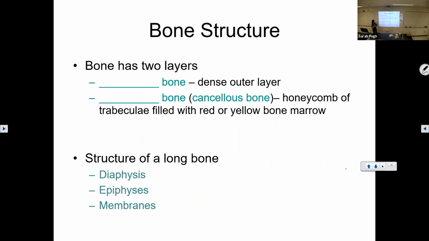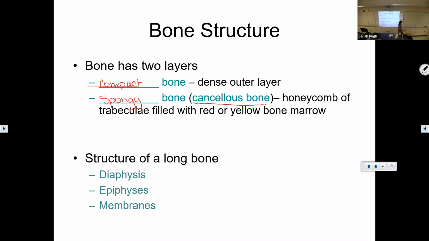Now I'm going to walk you through the structure of bone. Bone has two layers to it. It has this dense outer layer called compact bone, and then it has this layer called spongy bone. We can also call it cancellous bone.